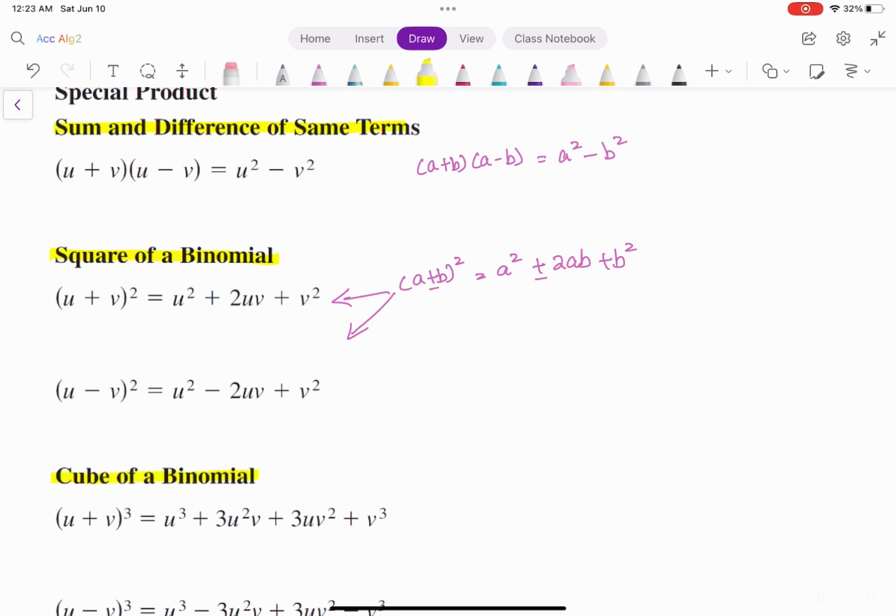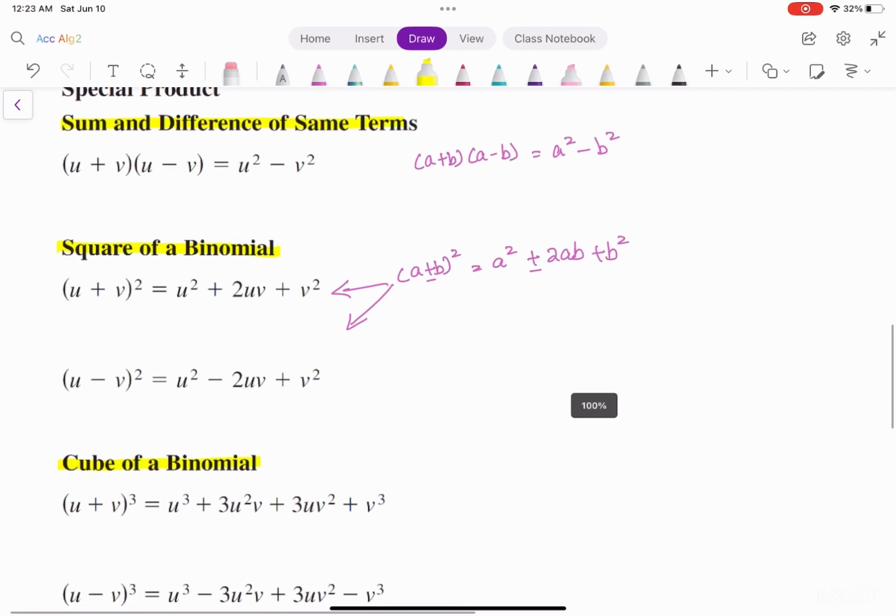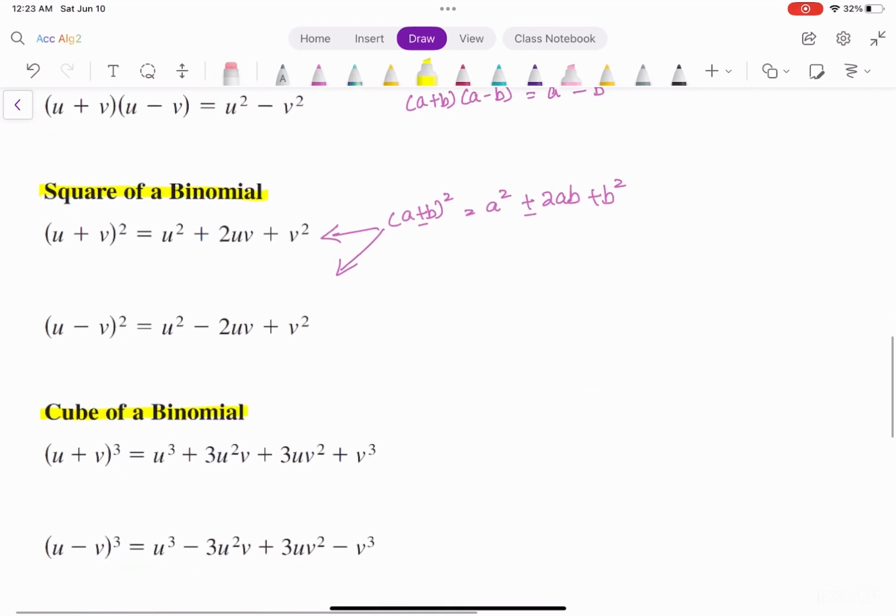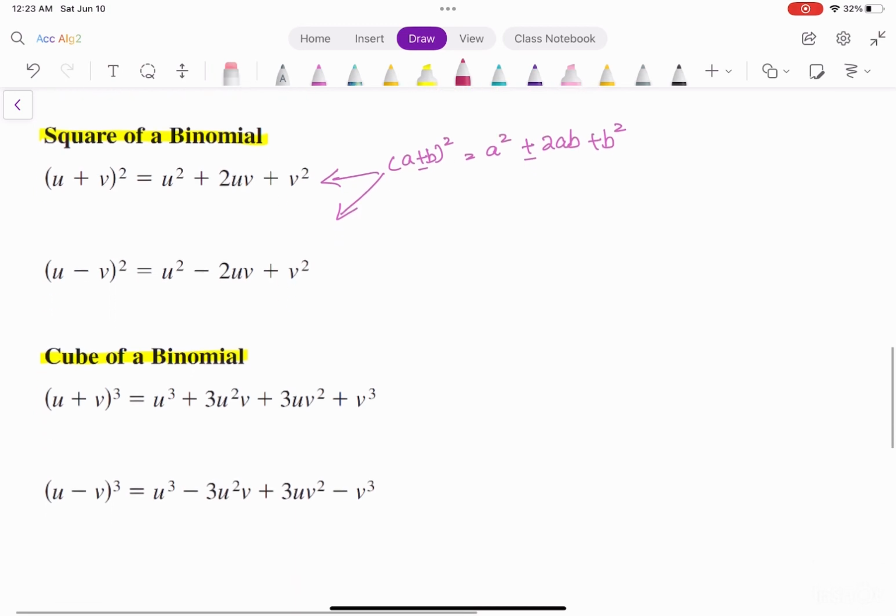If you look at the pattern, there is an easy way to write them down without memorizing the cube of a binomial. So u plus v whole cubed gives you u cubed plus 3u squared v plus 3uv squared plus v cubed.